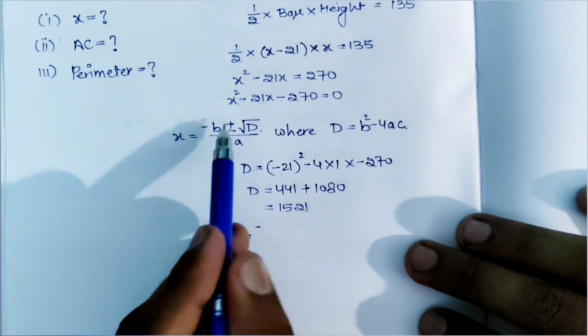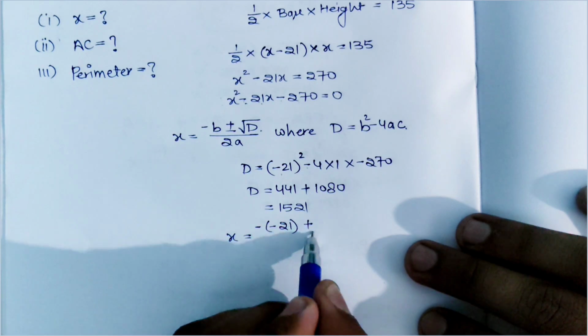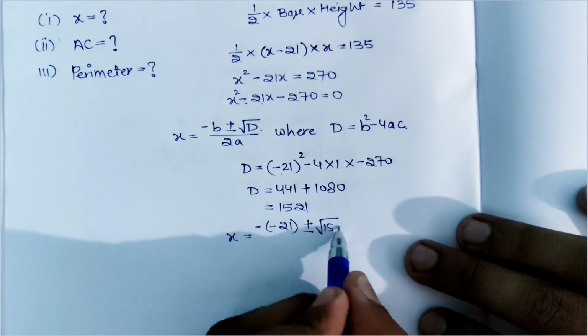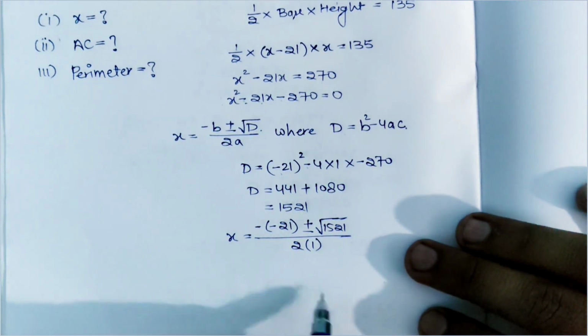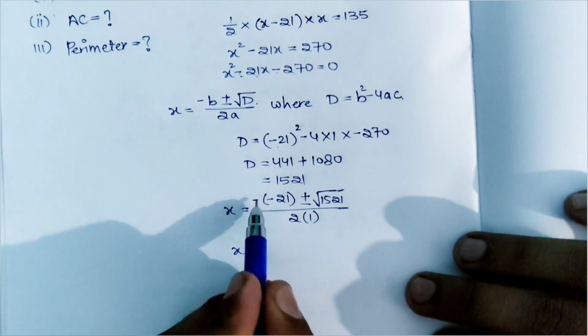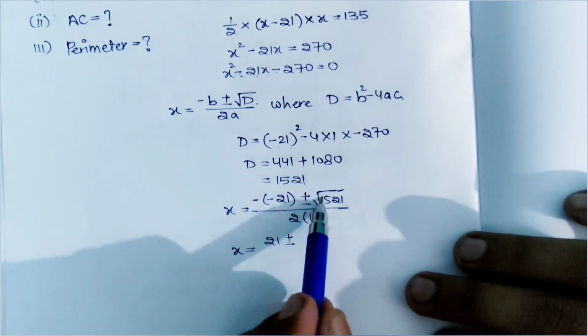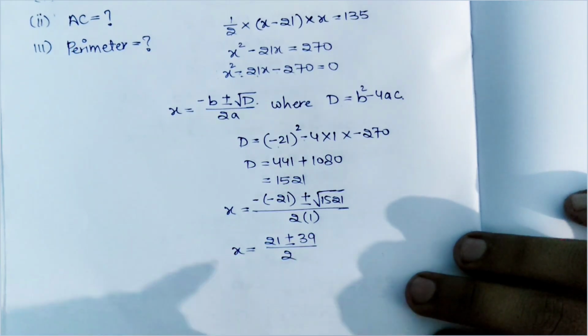Now placing the values in this, x equals negative the value of b, which is minus 21, plus minus the value of d in the under root, this is 1521, upon 2a, a is 1. So x equals, negative and negative becomes positive, 21 plus minus the root value of 1521, which is 39, upon 2.